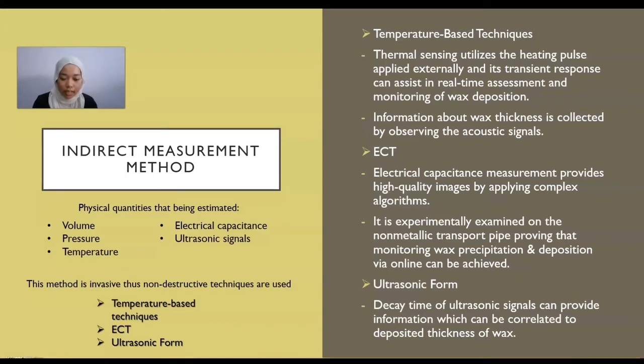The last technique is using the ultrasonic form. In this technique, the decay time of ultrasonic signals can provide information which can be correlated to the deposited thickness of wax. Overall, among all these approaches, ECT is the focus of inquiry to discover its capabilities.